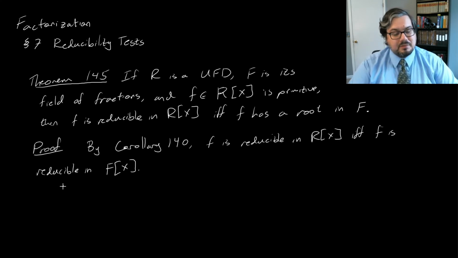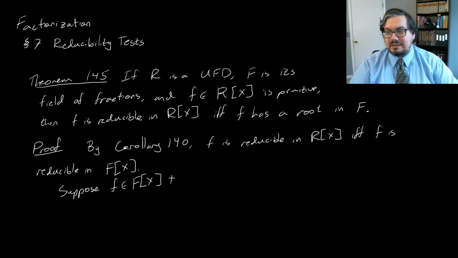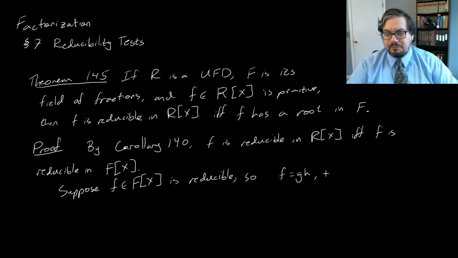So let's suppose that f inside the polynomial ring F adjoin x is reducible, so that f is equal to gh, where g and h are non-units.